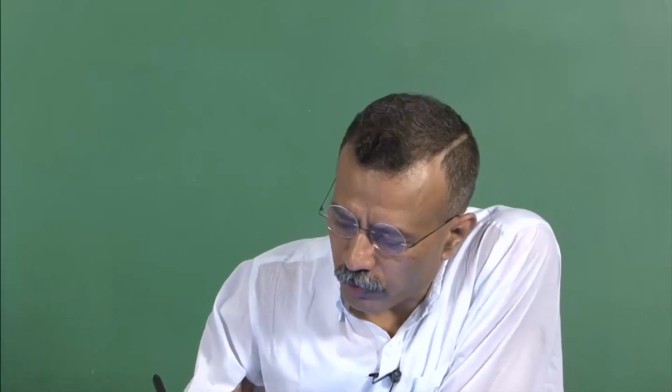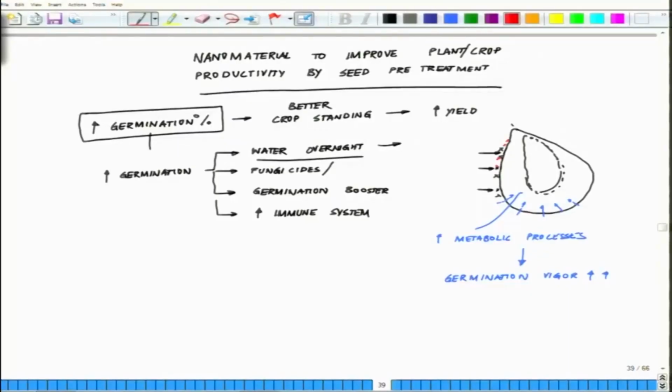These are very, very common methods. Similarly, farmers use some kind of coating, some fungicidal coating, or some kind of germination booster, or some immune molecule, which helps once the seed gets into the soil.